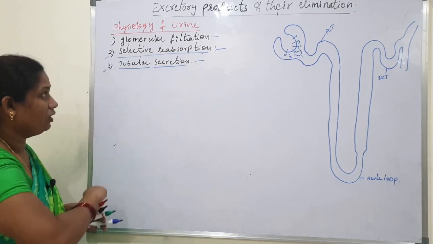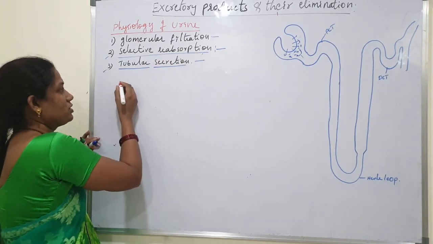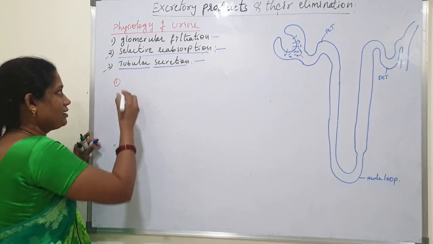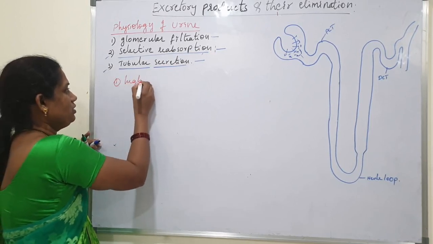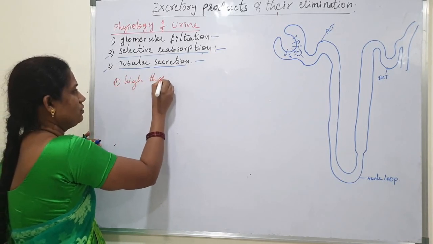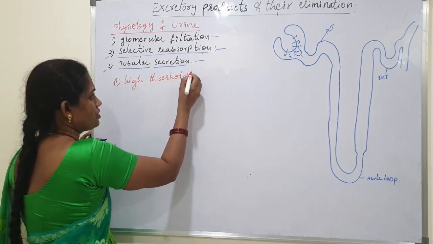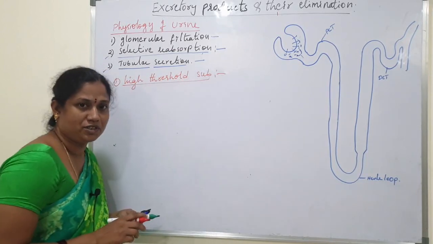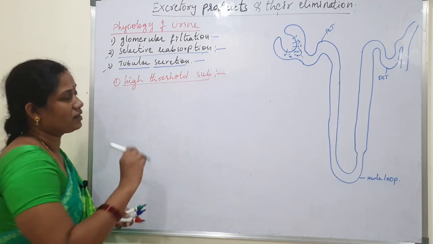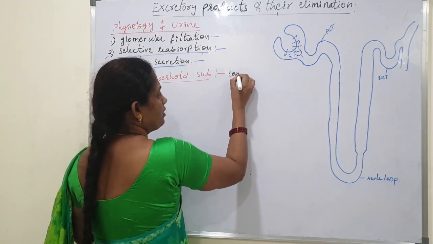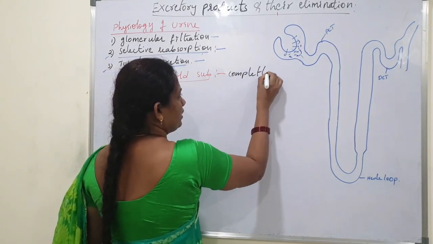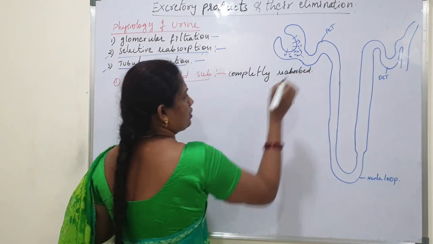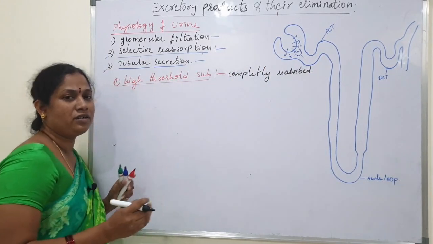Based on reabsorption, these substances can be divided into three categories. The first one is high threshold substances, which means they are completely, 100%, reabsorbed into the tissues.